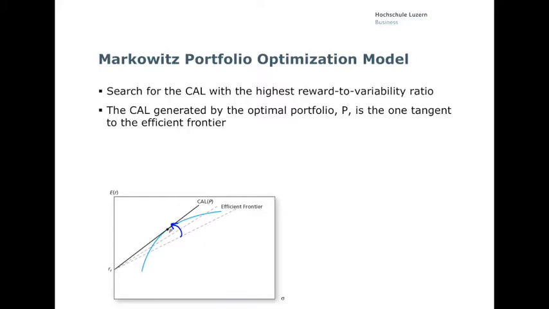A portfolio manager will offer the same risky portfolio P to all clients regardless of their degree of risk aversion. Individual investors choose the appropriate mix between the optimal risky portfolio and T-bills. The client's risk aversion comes into play only in capital allocation, the selection of the desired point along the capital allocation line.